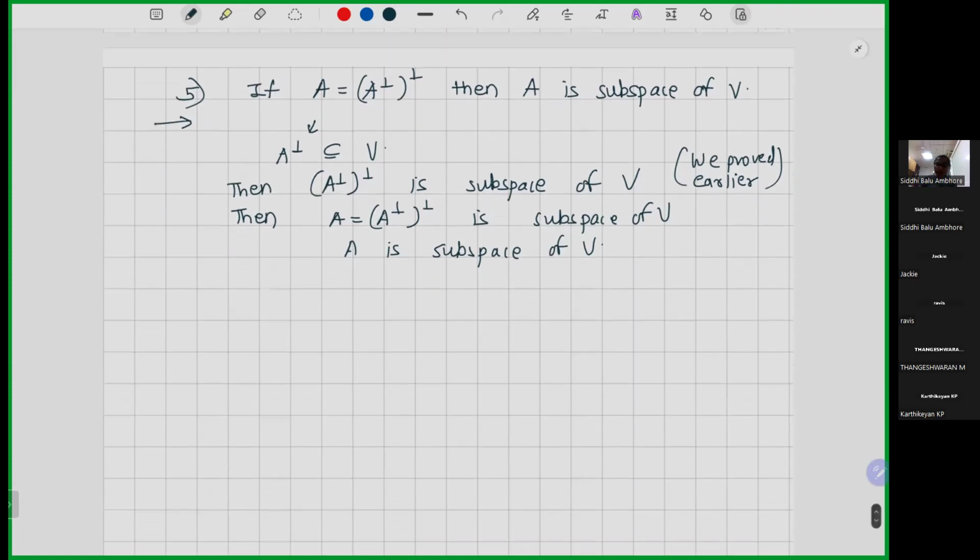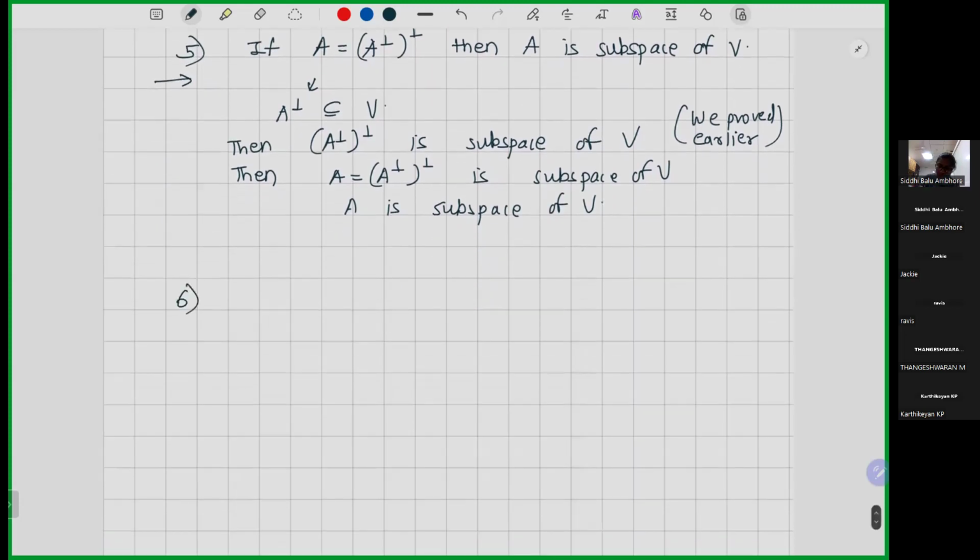Okay, and now we do this. The statement, let me write this: A is contained in B if and only if B perp is contained in A perp. So this statement is in general false.